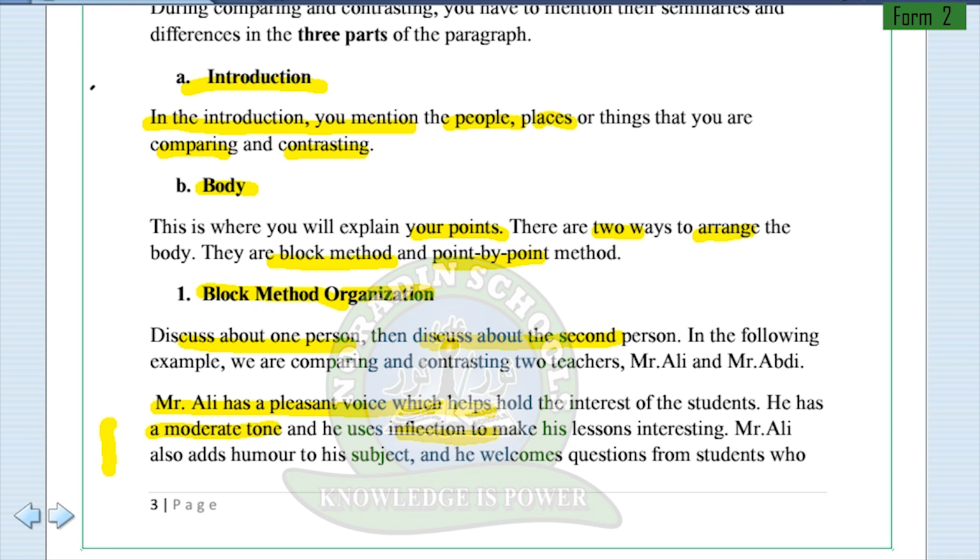Some teachers use metaphors, some use body language, some act crazy or funny in order to keep students more engaged. Mr. Ali also adds humor to his subject, and he welcomes questions from students.